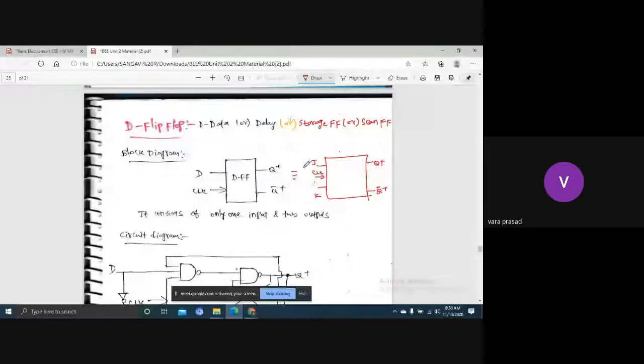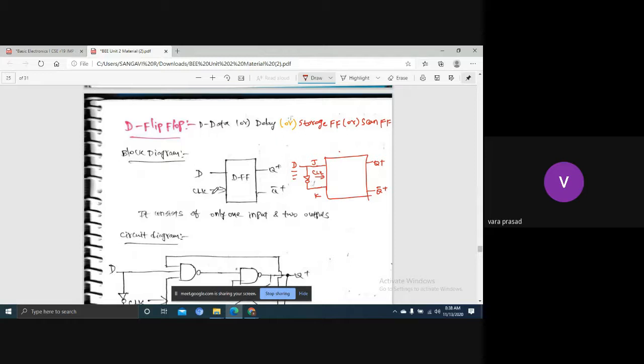If the J input and K input are complementary to each other, meaning J and K are not equal, then I can make it a D. This is a JK, this is a D flip-flop. If I make J and K complement each other, then we get a D flip-flop.